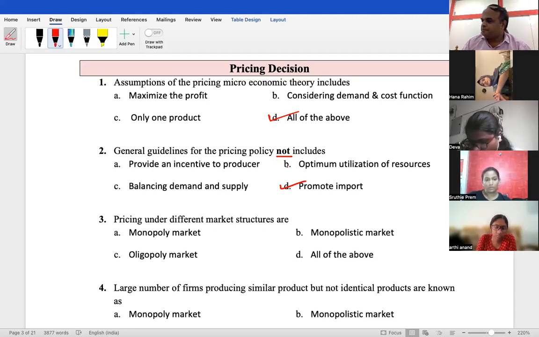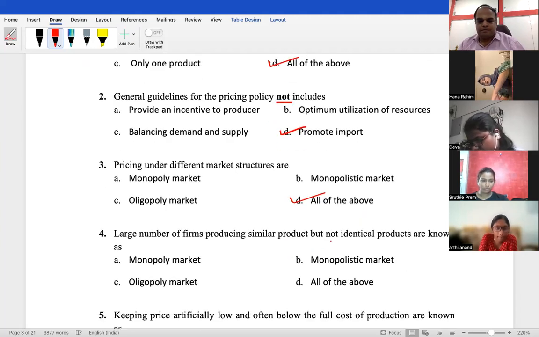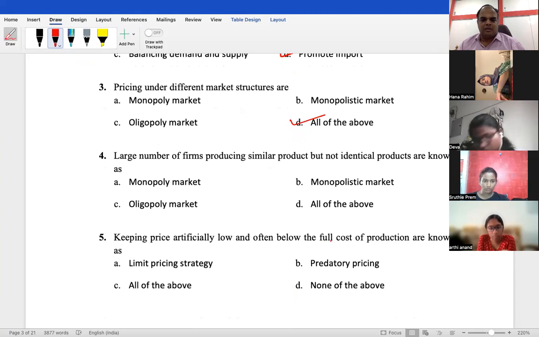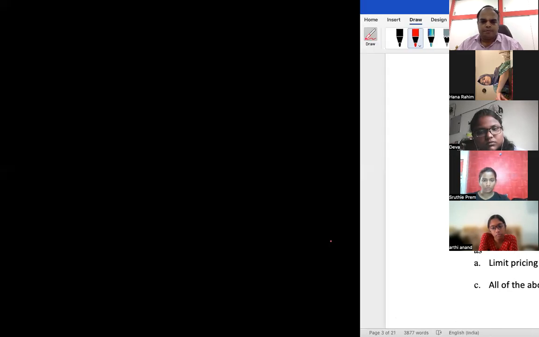Next question. Pricing under different market structures are monopoly market, monopolistic market, oligopoly market, all of the above. So all of the above. Everything will form part of the market structure. Large number of firms producing similar but not identical products are known as monopoly market, monopolistic market, oligopoly market, all of the above.